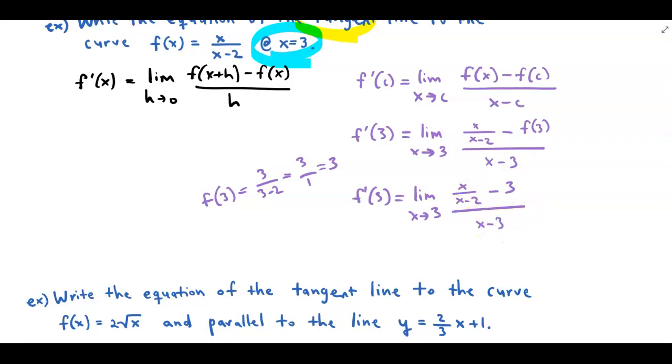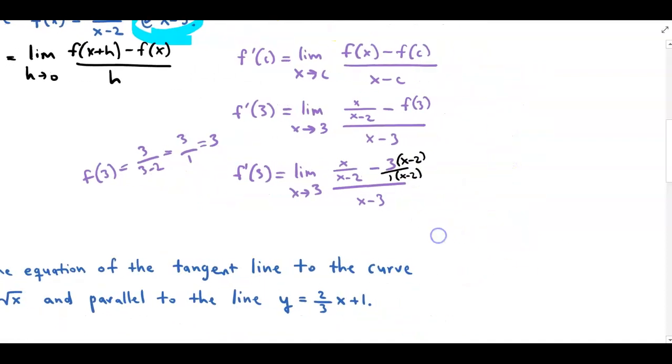Now we're going to combine the fractions on top. Underneath the 3 there's an invisible 1, but in order to subtract fractions you need a common denominator. So I'm going to make that common denominator x minus 2. Now if I clean this up, I get the limit as x approaches 3.